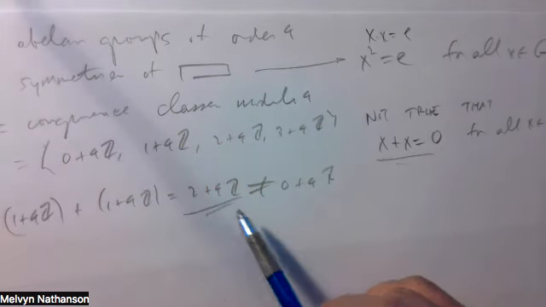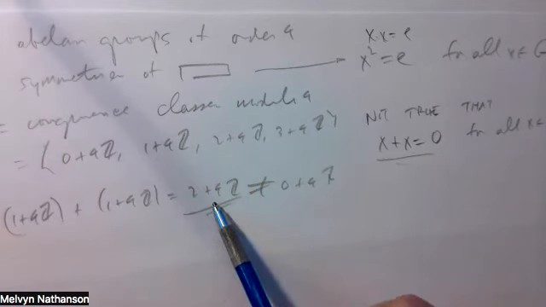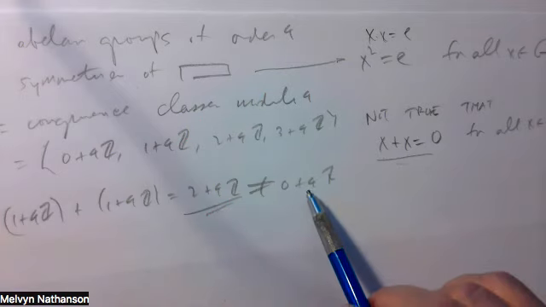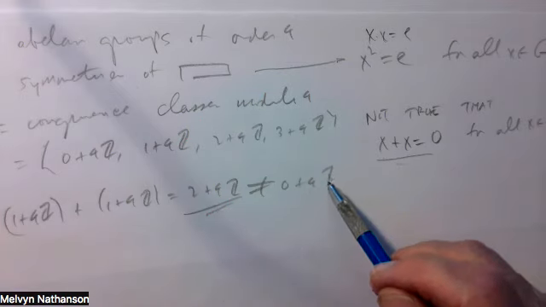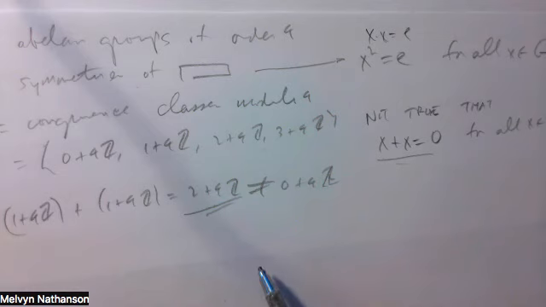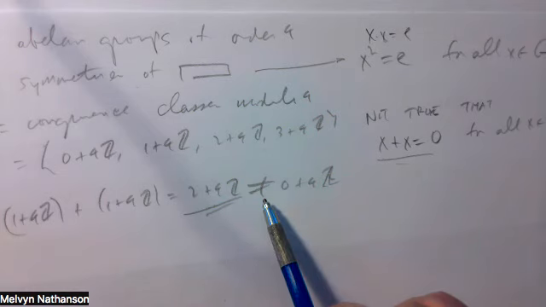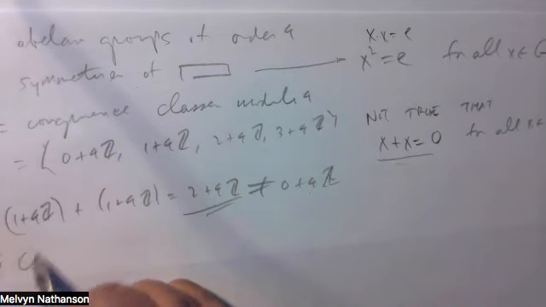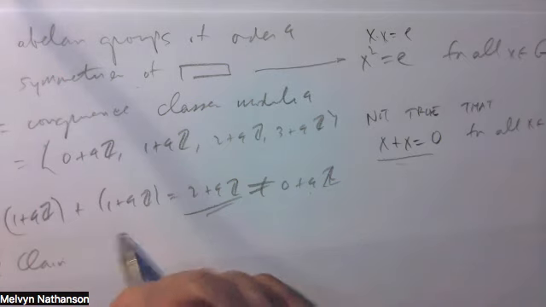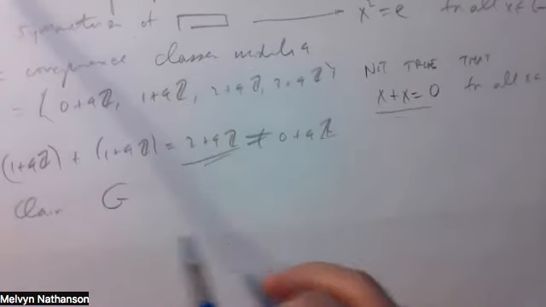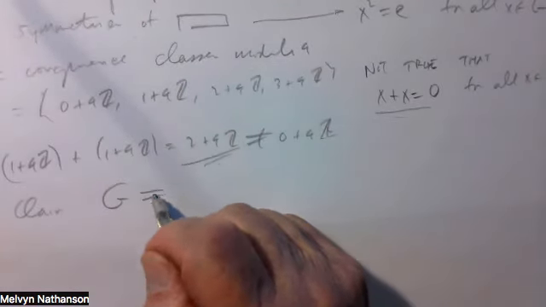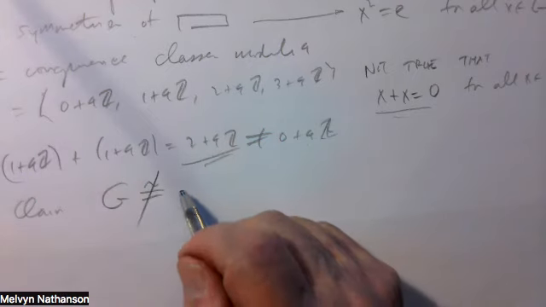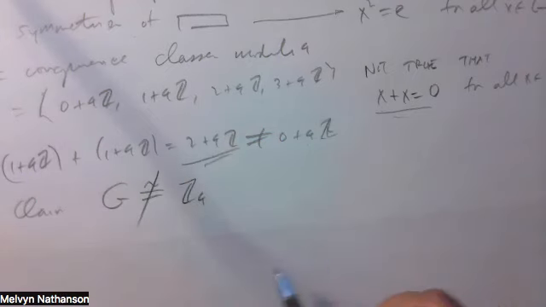These are the numbers that leave a remainder of 2 when you divide by 4. These are the numbers that are exactly divisible by 4. So I claim that's enough to show that these two groups are not isomorphic. So I claim this group, an additive abelian group of 4 elements, is not isomorphic to Z4.